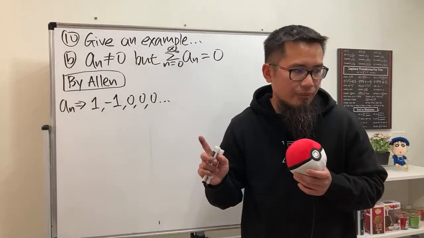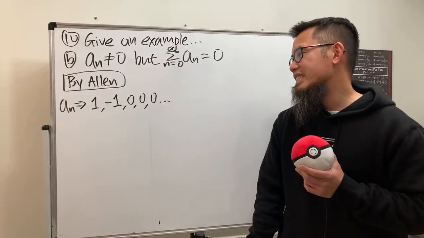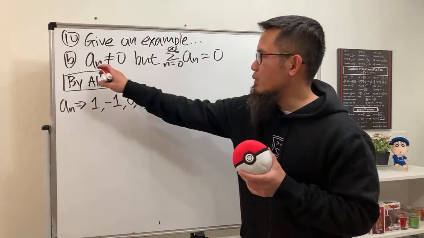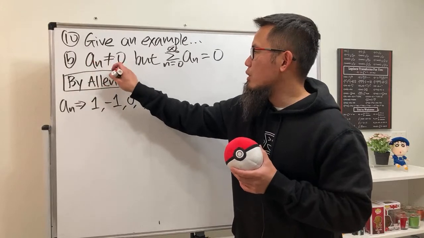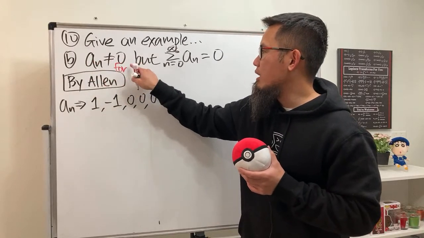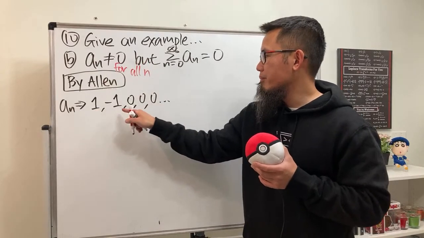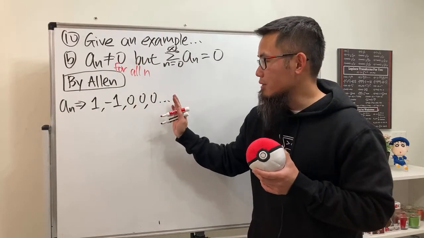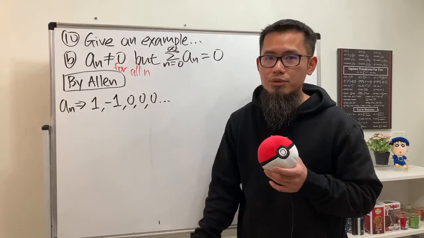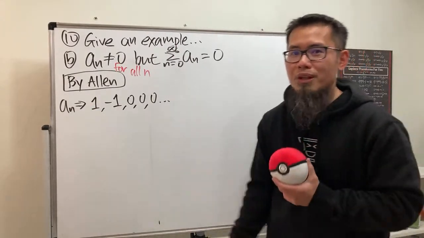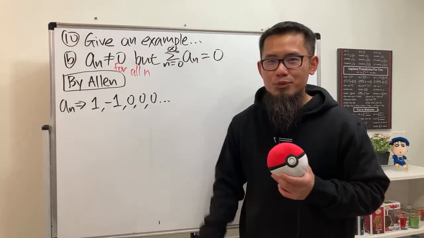But I did say an is not equal to 0 for all n, well, I guess this might work because you have a lot of zeros, but not everything is equal to 0. I want a formula this time. So no, not this one.